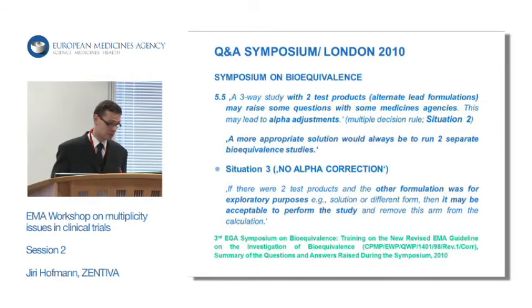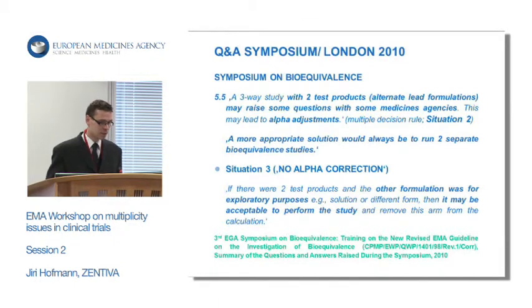So obviously for this type of trial we don't need the alpha correction. And interesting is that already in 2010 the possibility to run a trial with alternate lead formulations has been mentioned, and it was correctly mentioned that this is a situation where alpha adjustment comes into play.